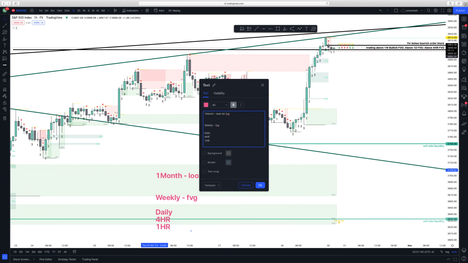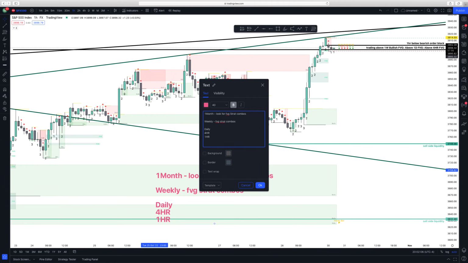So when I say fair value gaps, I'm just basically looking for displacements on the chart. I also use the strat to see if it is a 2 up. So I'm going to add this here too. I use strat concepts, strat combos. Weekly, I also use strat combos.